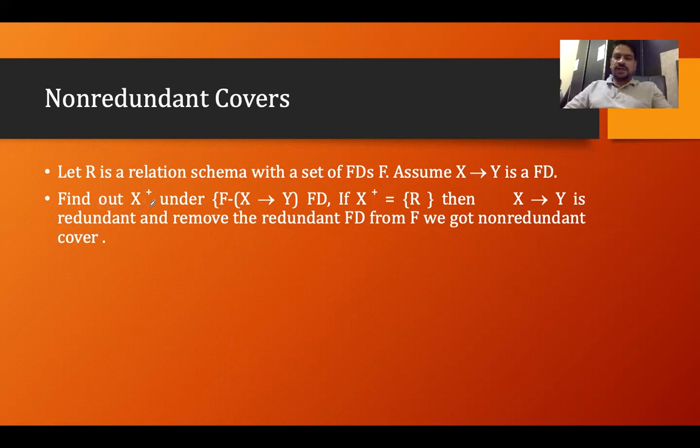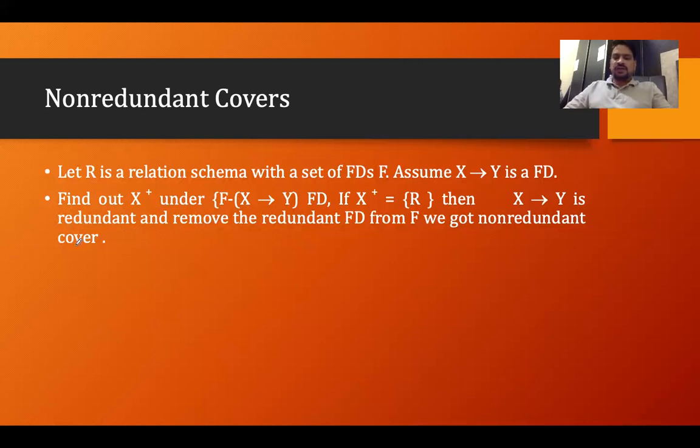We'll find X closure under all the functional dependencies except this particular functional dependency. And if X closure is equal to R, then X determines Y is taken as redundant. After finding out that this particular dependency is redundant, we'll remove it, and whatever is left over is called the non-redundant cover.